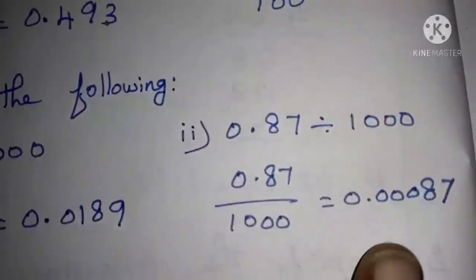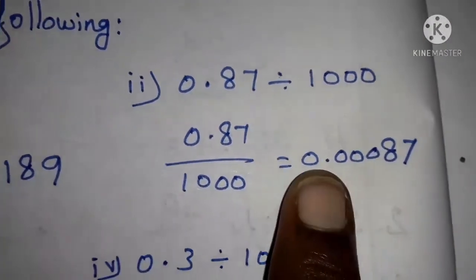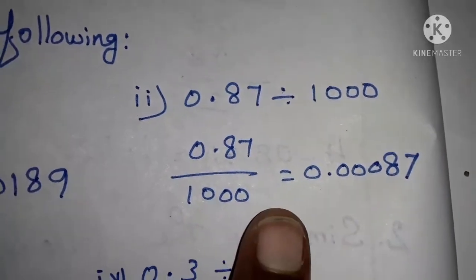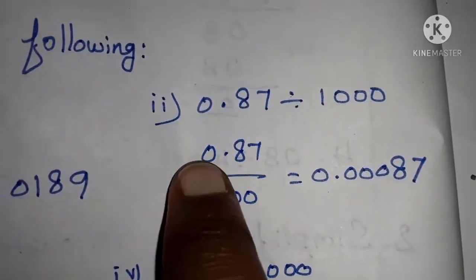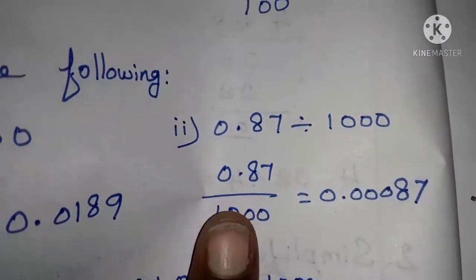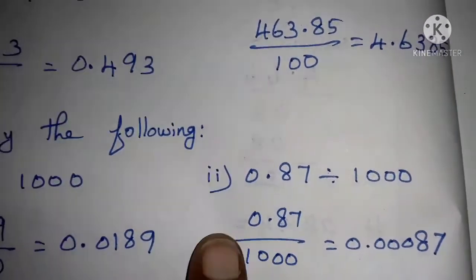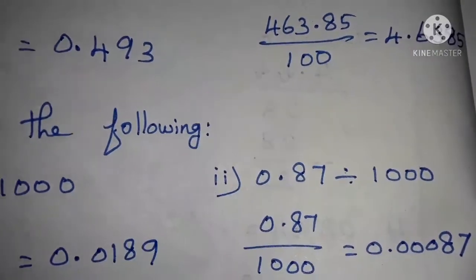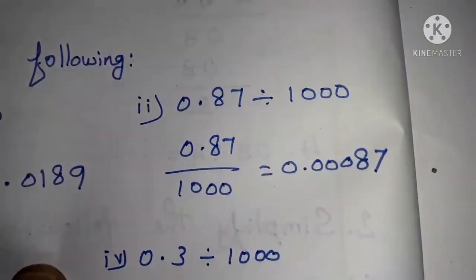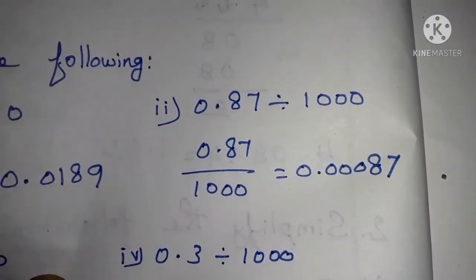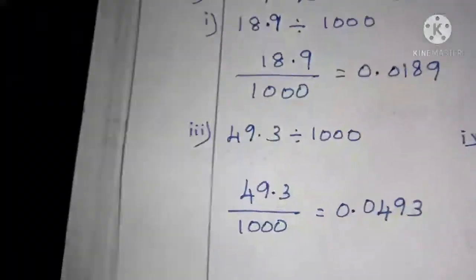So 0.0189. Here 0.87 divided by 1000. So there are no digits. What do we have to put? Yes, we have to put the zeros and move the decimal point 3 digits before. So 0.00087.